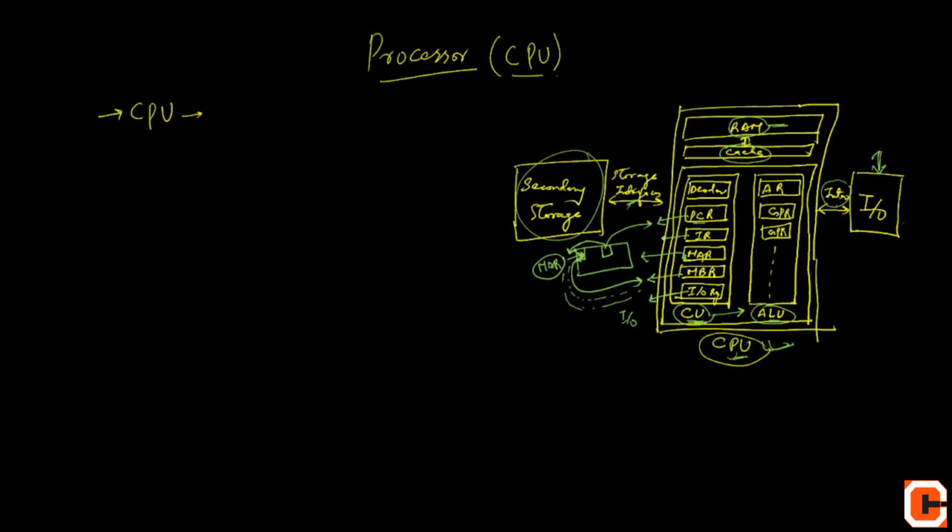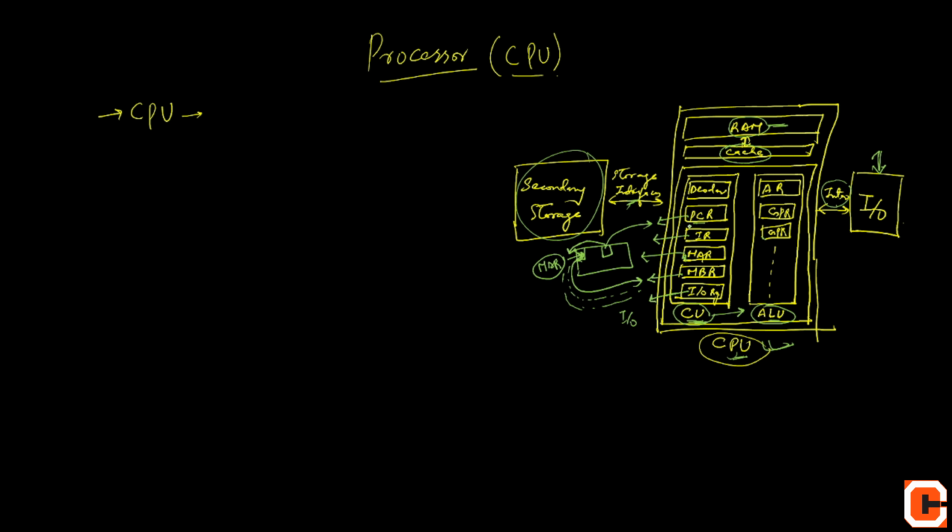So next is the instruction register. What does this instruction register do? It holds an instruction while it is being executed. Right now this memory chunk is being executed in the CPU, but meanwhile the CPU may have to make some data and keep it on hold for a while.